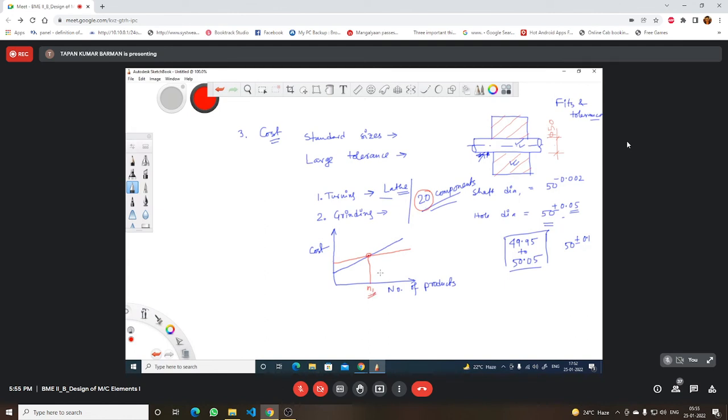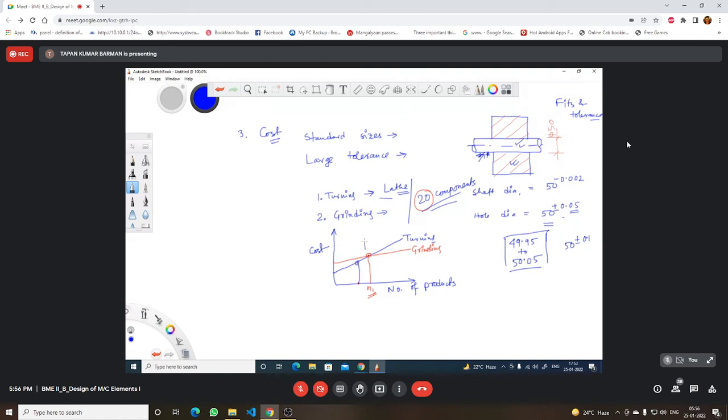If 20 is coming here, at this point, then we should always go for the turning operation. Say this is grinding and this is turning. Right? We should always go for the turning operation if your point is coming here.